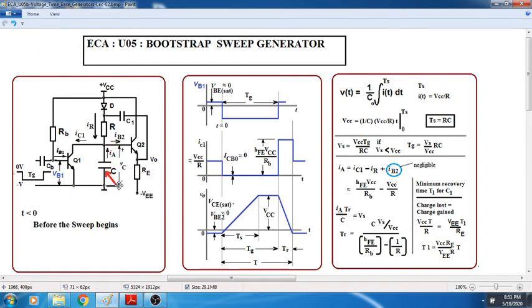That means the voltage across the capacitor we have seen is equal to VCC multiplied by 1 minus e raised to the power of minus T by R into C.